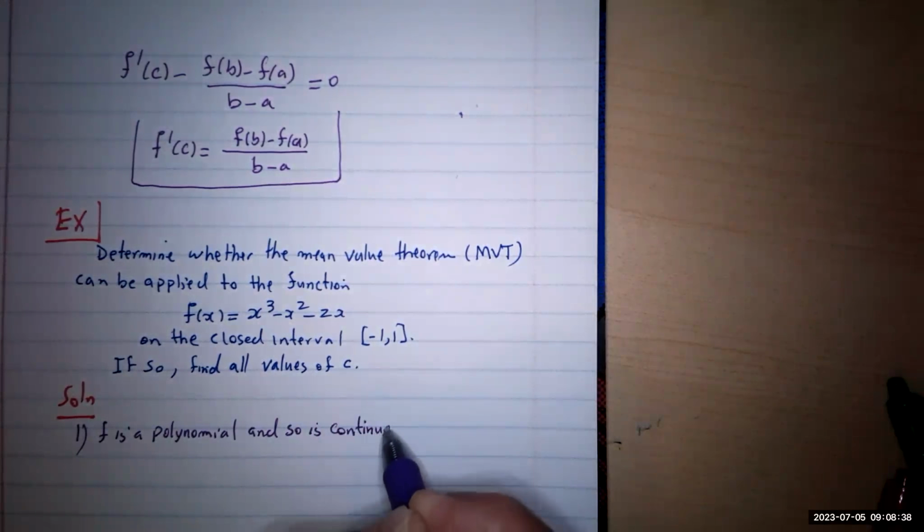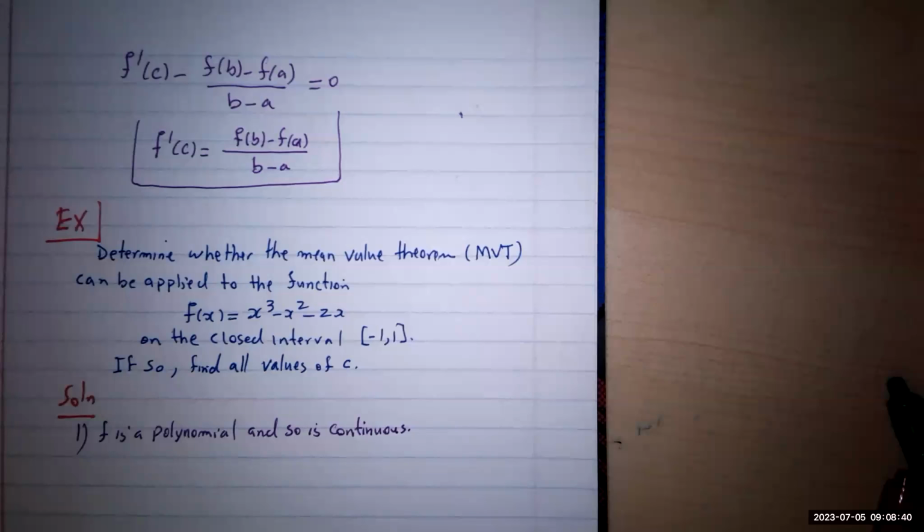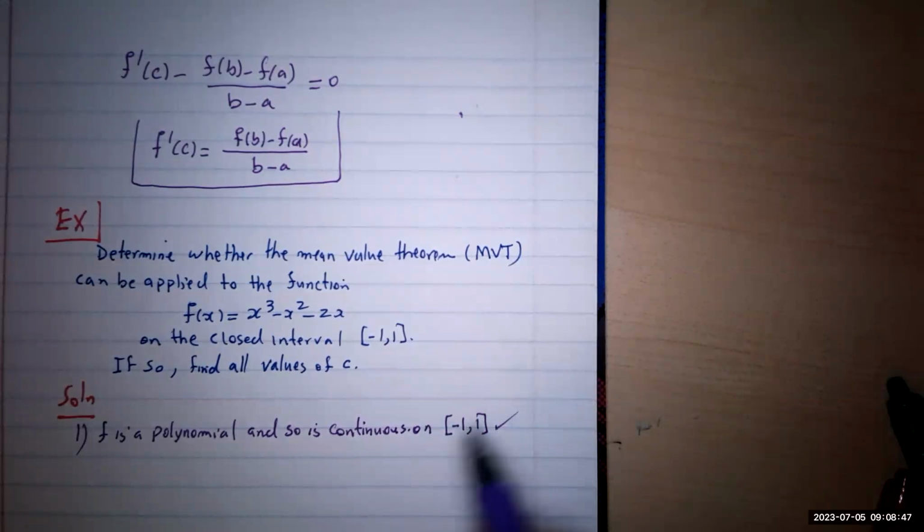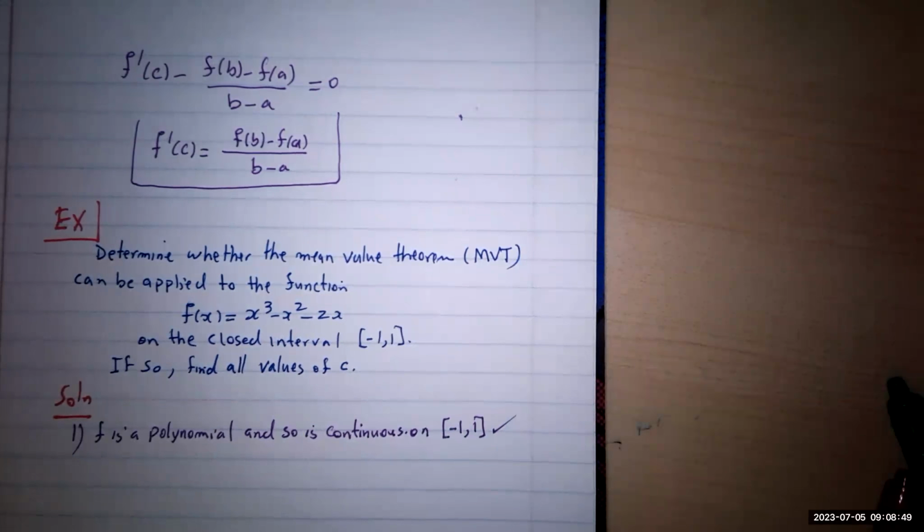You just say polynomial, continuous, we accept it. But it's continuous everywhere, and remember you want it on a closed interval only. So that's your first condition. Even if you say f is continuous on the closed interval -1 and 1, we are satisfied, and you did check the condition. Question?